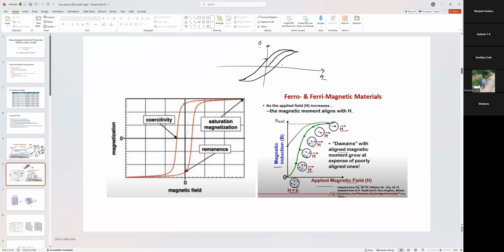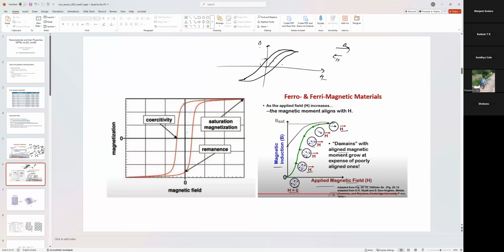But to remove this magnetic field, now you need to apply an opposing magnetic field. If the magnetic field was generated in this direction, you need to apply it in the opposite direction. So now you're increasing the magnetic strength, and after reaching this point, you've removed all the induced magnetic field. So it's zero now.